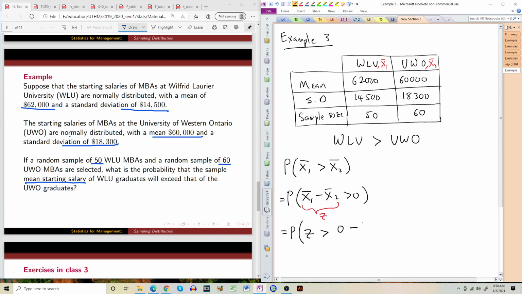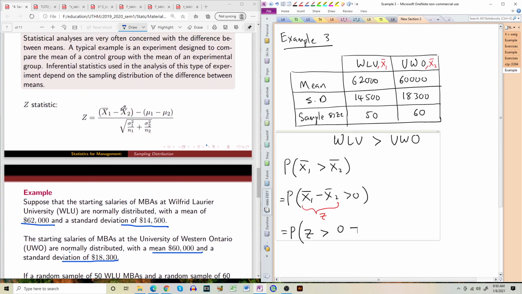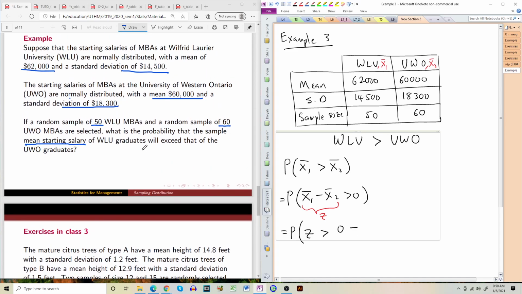1 minus, look at the formula here. Normally you subtract the mean, isn't it? Here also you do something like that, but in brackets write the X1 mean first minus the X2 mean, divided by. In the normal case, you do sigma over root n.